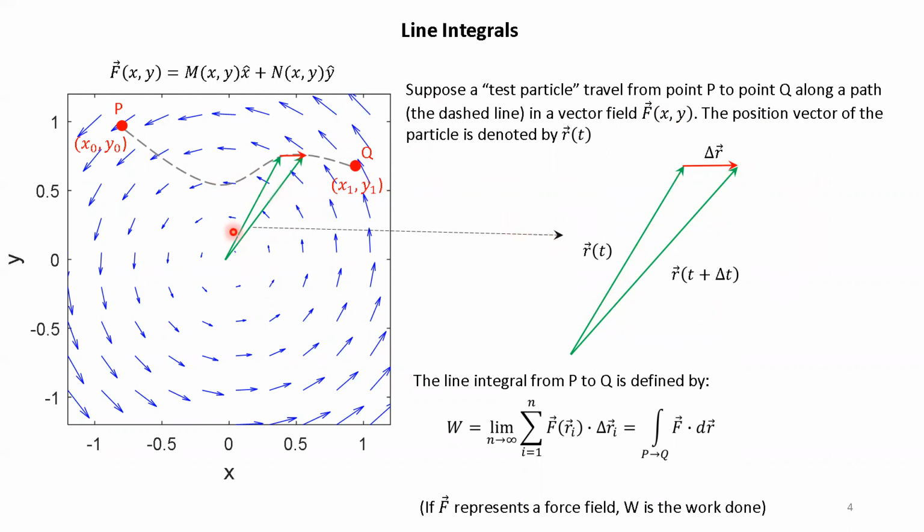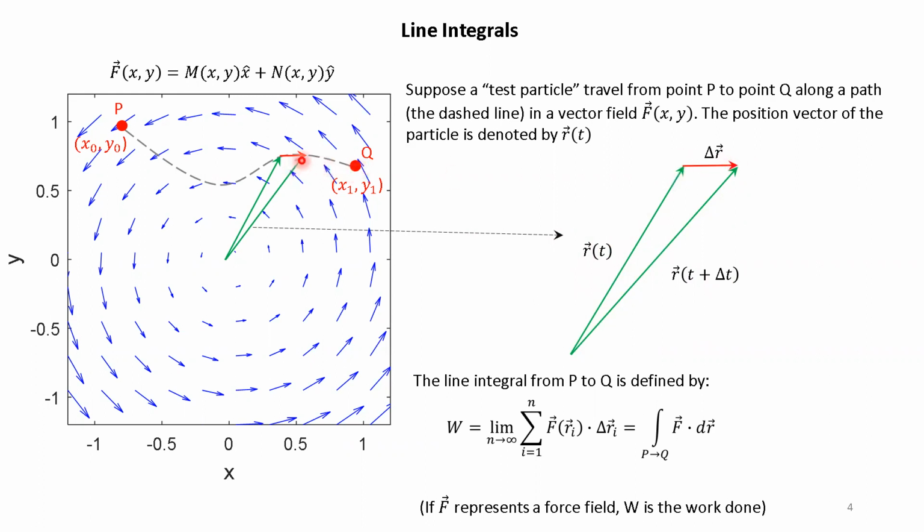So let's say we consider a particular step, from here to here. I call this delta R. Delta R is given by the difference between the position vector of this particle at t plus delta t, minus the position vector of this particle at t.